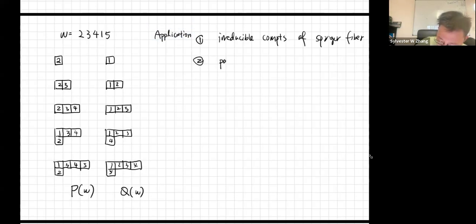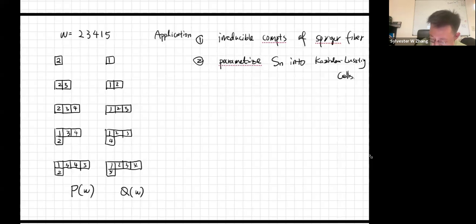It can be used to parameterize the symmetric group into what are called Kazhdan-Lusztig cells. There are certain things in representation theory called Kazhdan-Lusztig polynomials, and these polynomials give a way to separate the permutations of the symmetric group into different cells.